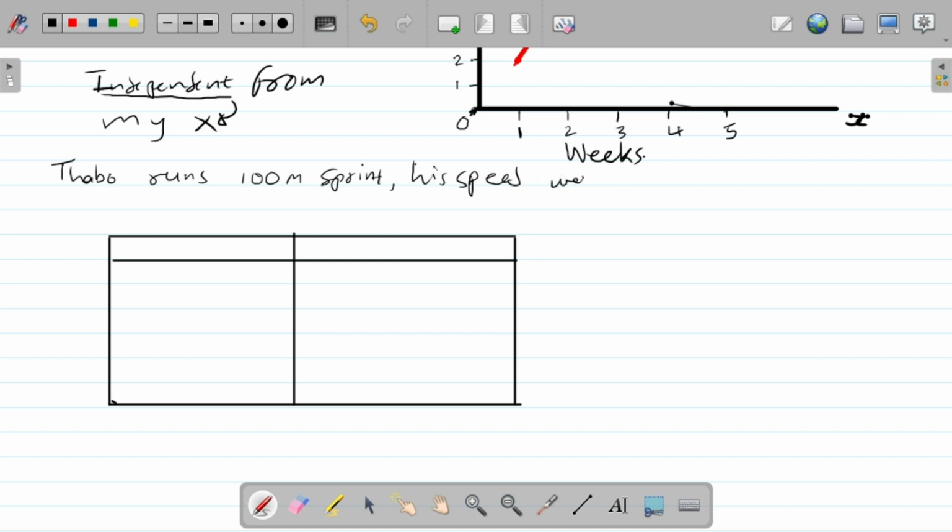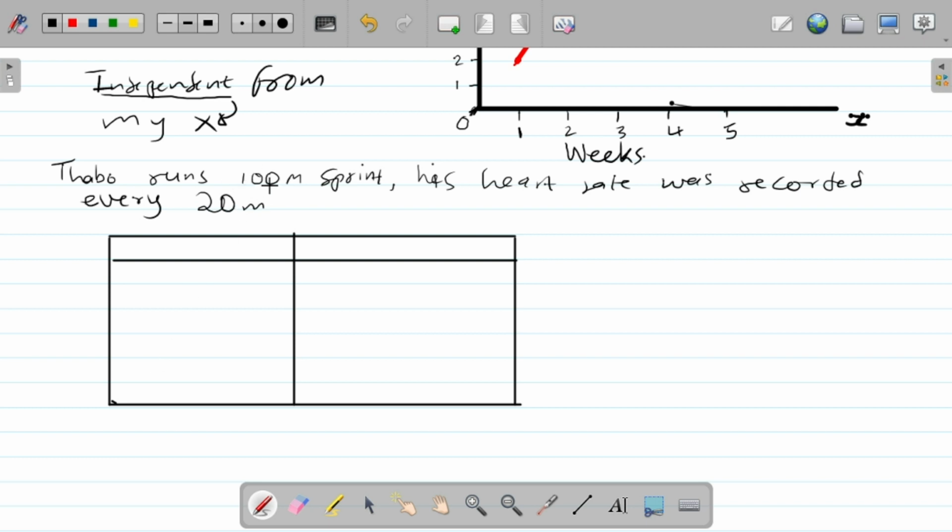His heart rate was recorded every 20 meters.